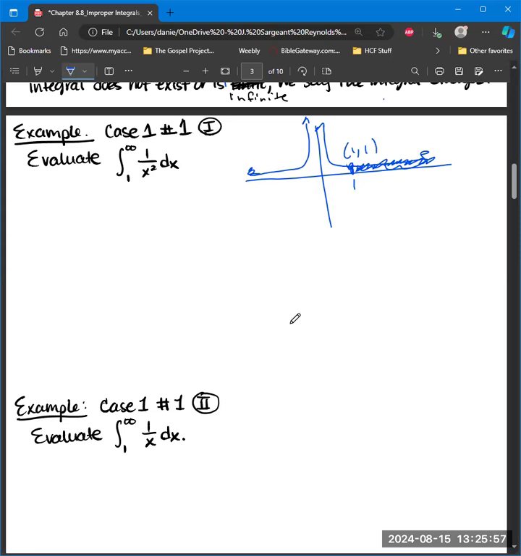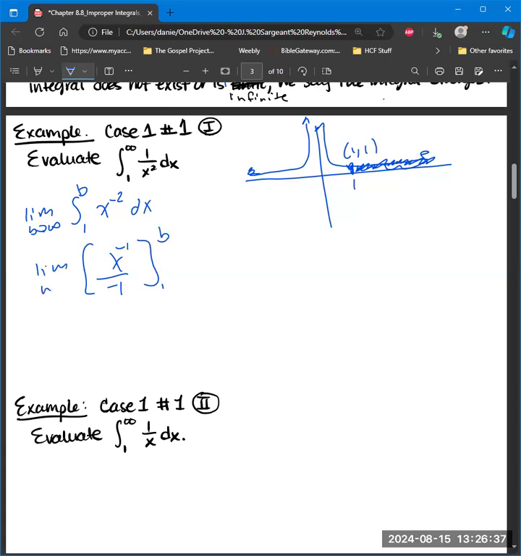And so I'm going to say limit as b goes to infinity of the integral from 1 to b of x to the negative second dx. Then we have x to the negative first over -1 from 1 to b.